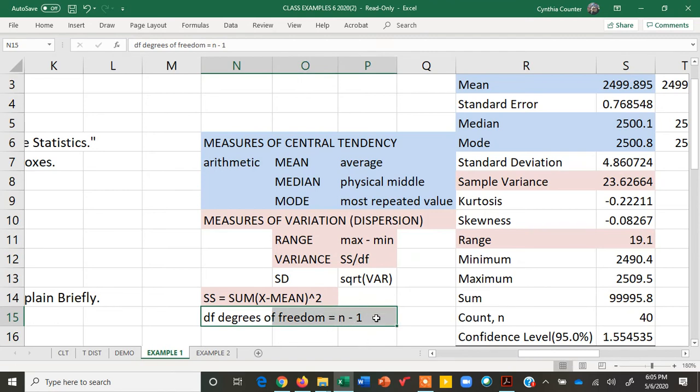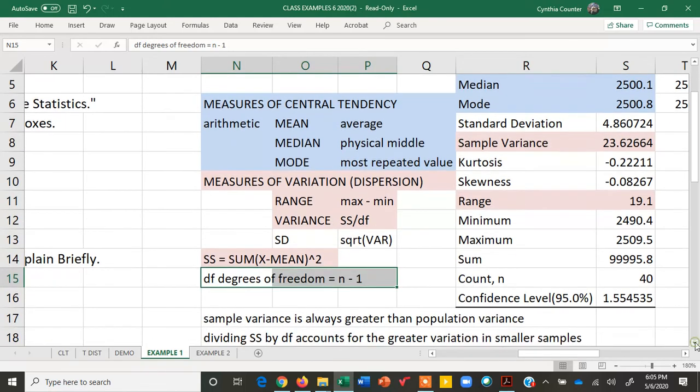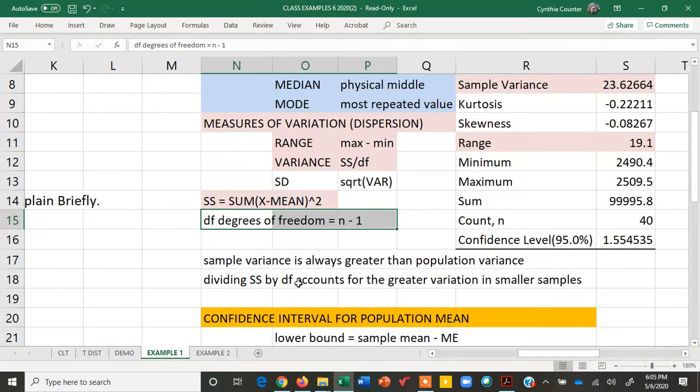Well, why are we dividing by one less than the sample size to get an average, which we're calling our sample variance? It's because of one very important idea: smaller samples have greater variation.